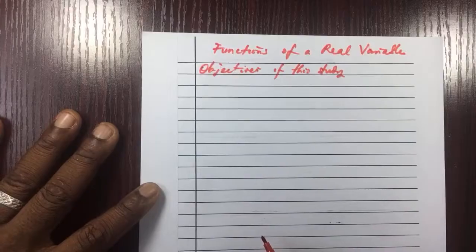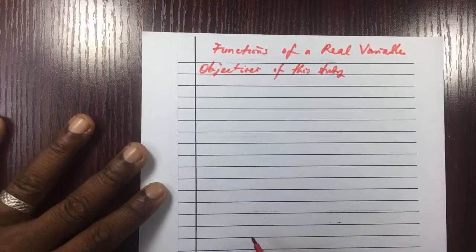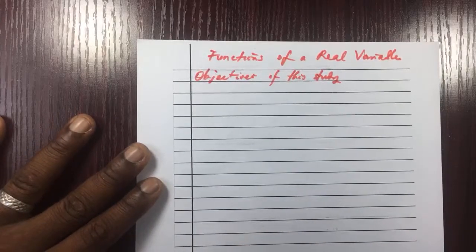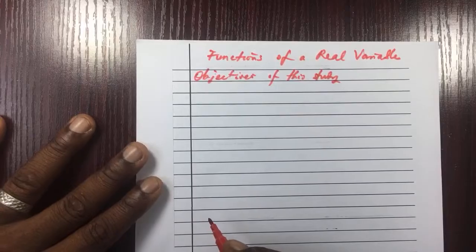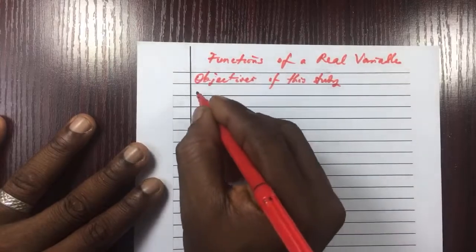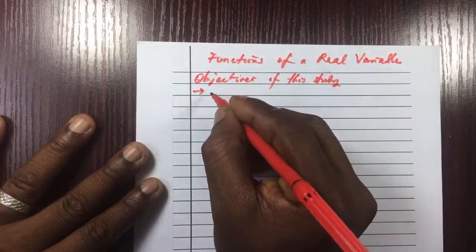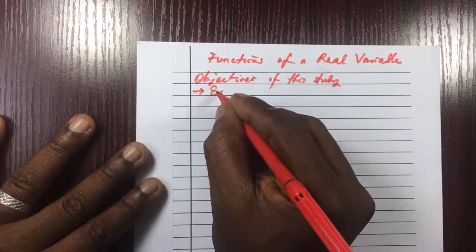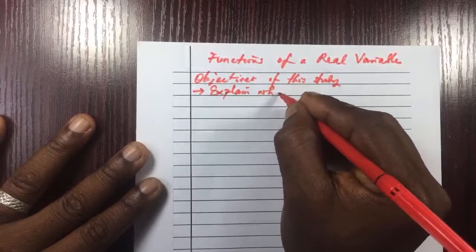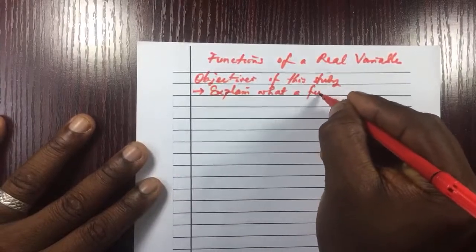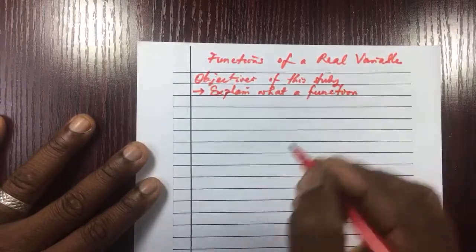So what will be the aim of today's class? In today's class, being the second part, episode 1 of this same topic, functions of a real variable, we shall be considering three major objectives. One, we shall explain the meaning of a function.